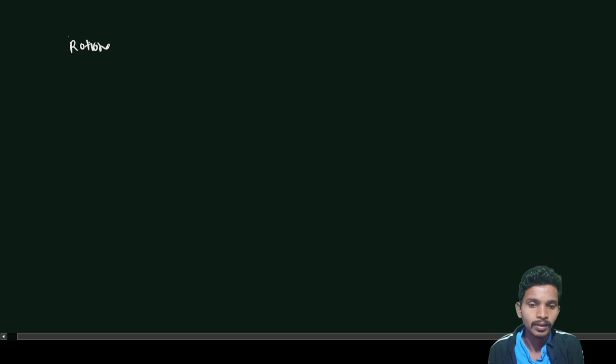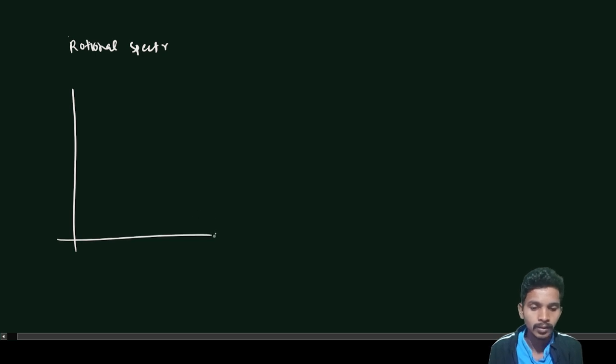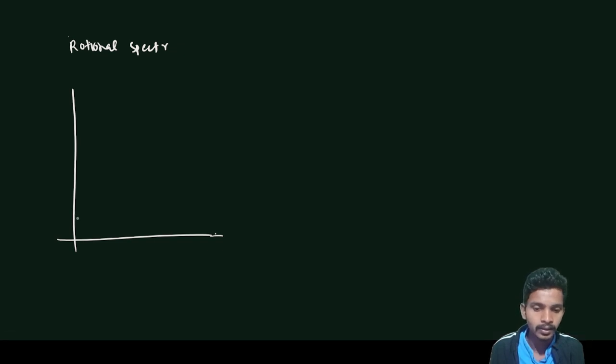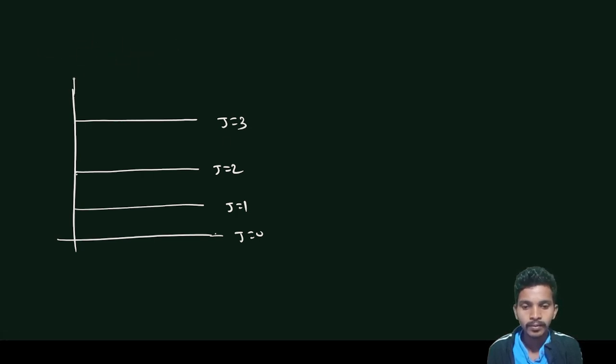let's say this is j equal to 0, and this is j equal to 1, then this is j equal to 2, and this is j equal to 3, this is j equal to 4.